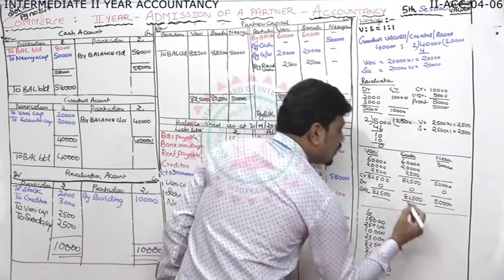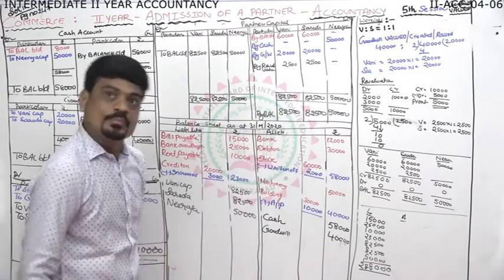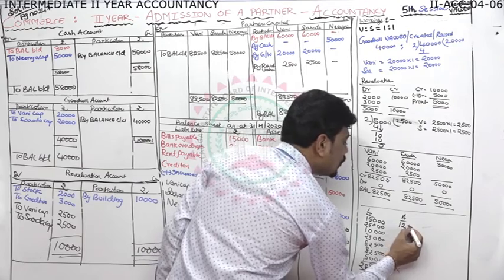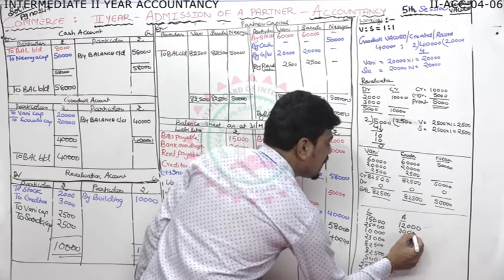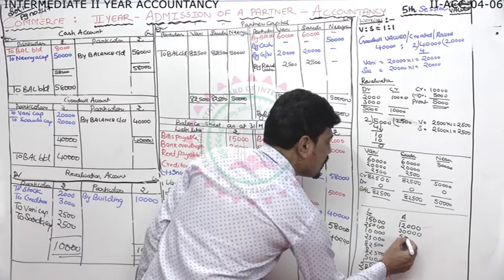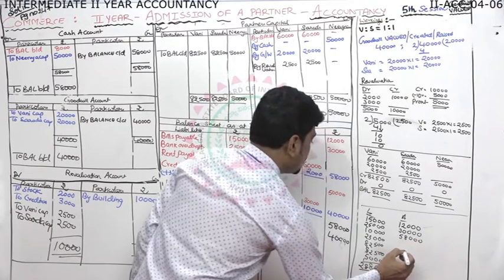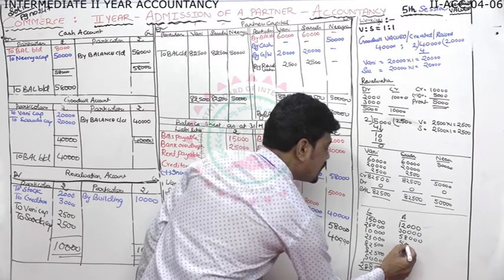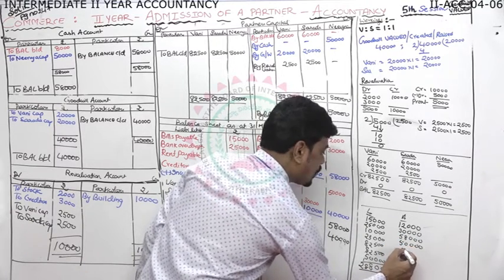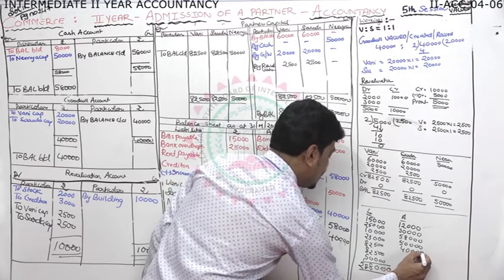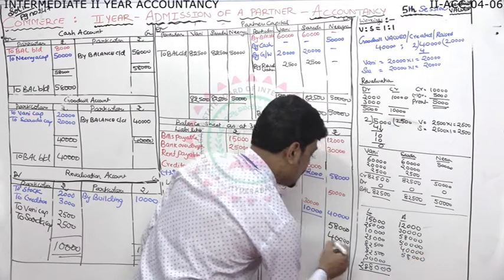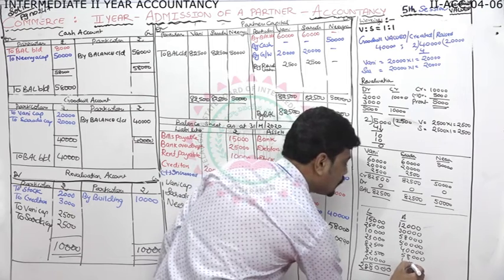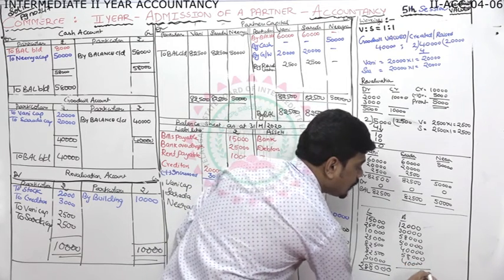Hope we'll get asset side also. So 12,000, 30,000, 58,000, then 50,000, 40,000. Let us see.